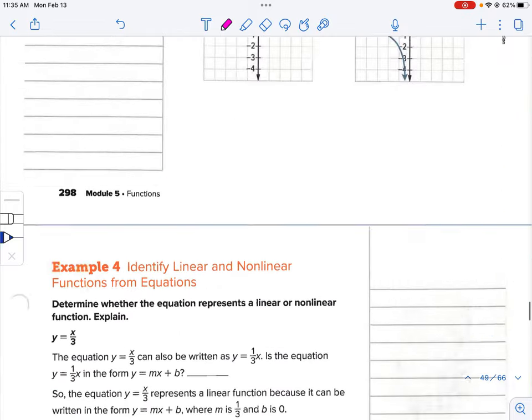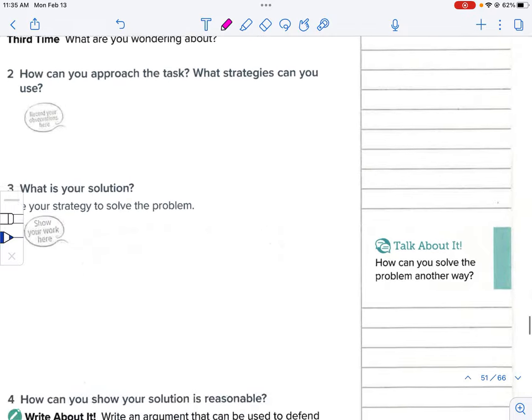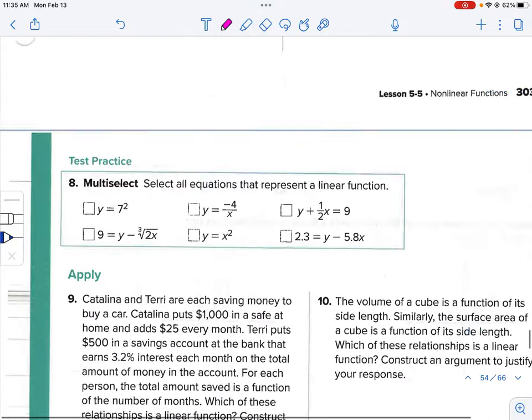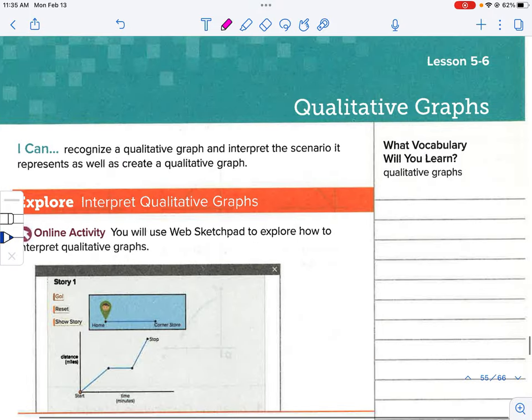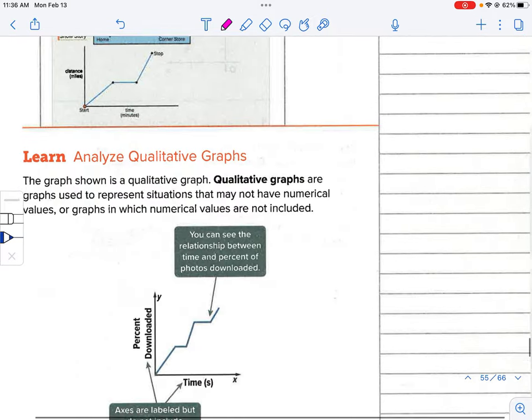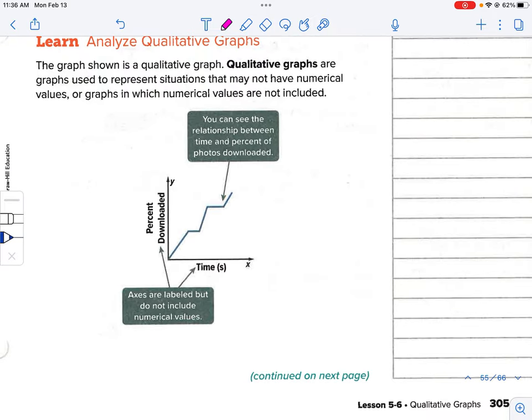The next section is qualitative graphs. And what we're doing is looking at a graph and deciding its story. So we're going to describe its story. So if I'm looking on the x-axis, we're talking about time in seconds. If we're talking about the y-axis, we're talking about percents downloaded.